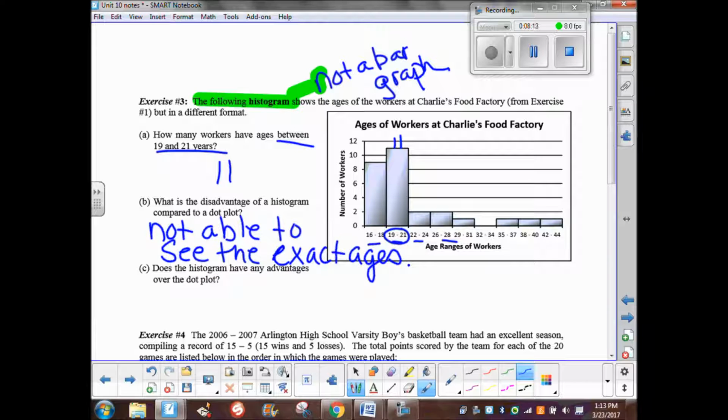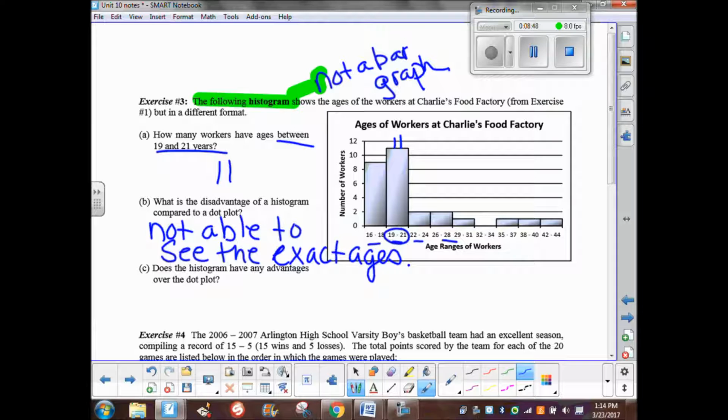Does the histogram have any advantages over the dot plot? What do you mean? We still could see that on the dot plot. It's not a huge difference, and it's not like wow, but it might be easier to draw more on a histogram, because you've got those ranges.